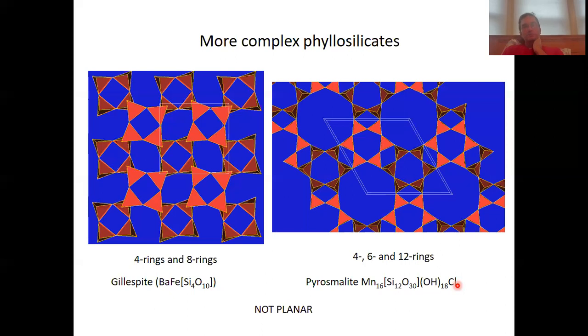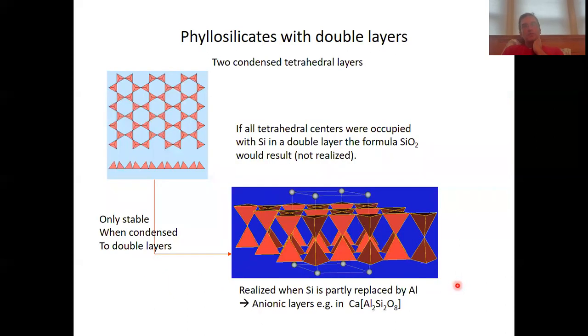All right. So now let's go to phyllosilicates with double layers. In the previous examples, they were all just single layers, but we can actually fuse two layers together to make double layers.